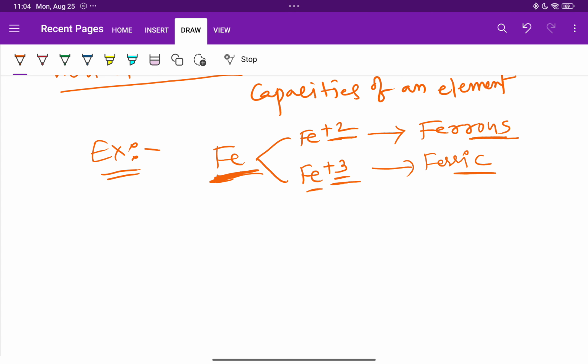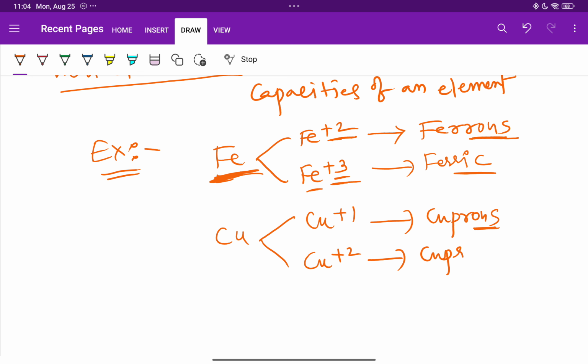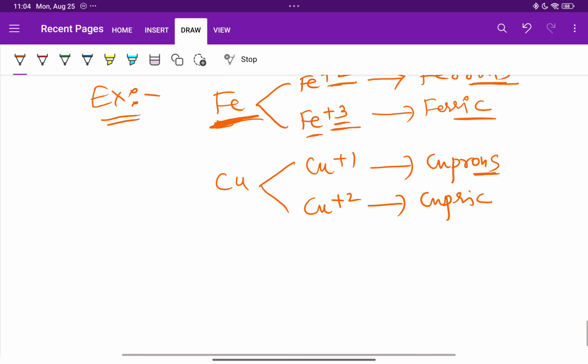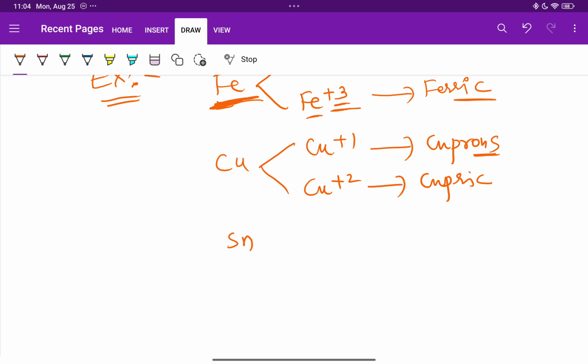Same like iron, we have copper: Cu +1, cuprous; Cu +2, cupric. And next, tin, stannum: Sn +2, stannous; Sn +4, stannic.